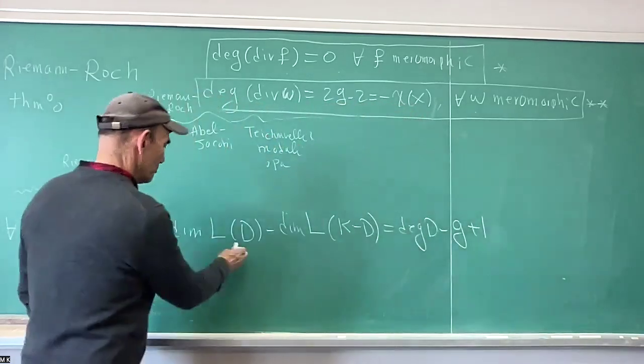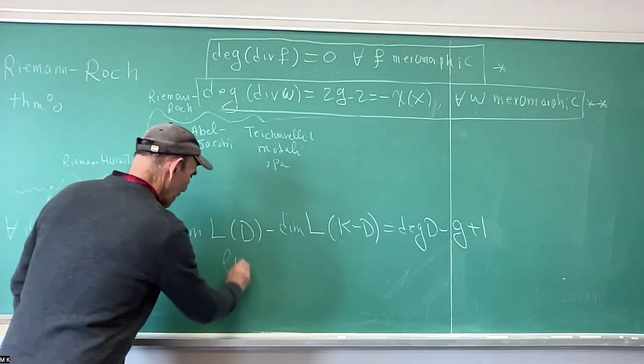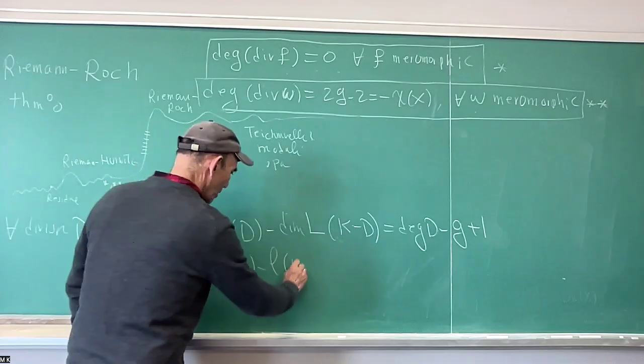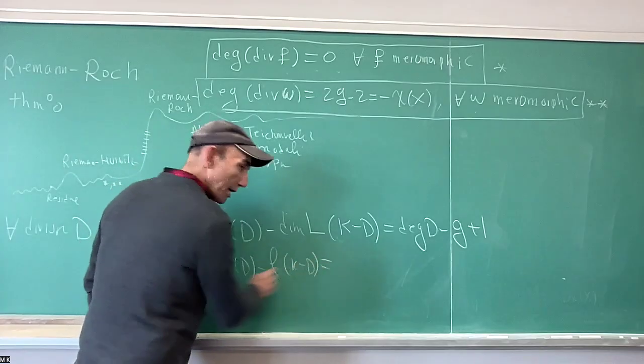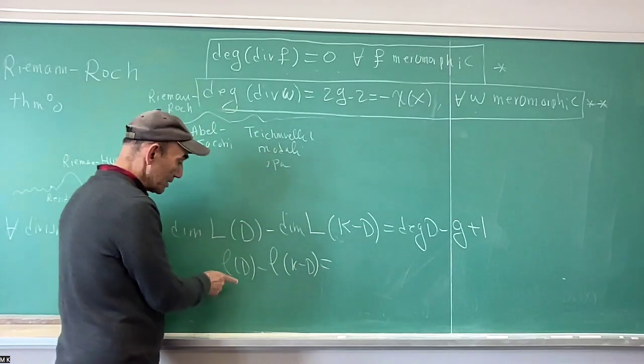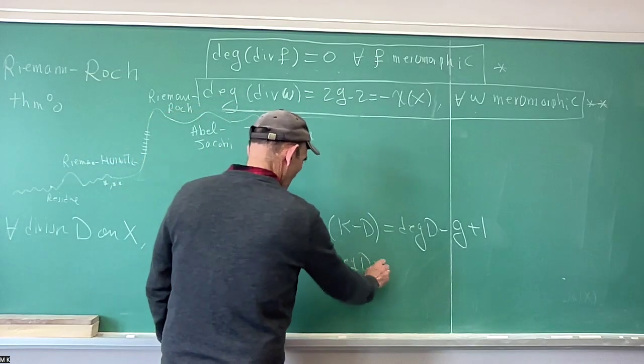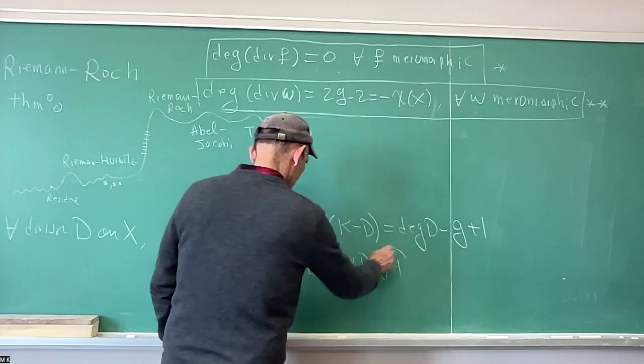In other words, people write it like this, and that's the way I always remember: little l of D minus little l of K minus D, little l now, not capital L, is equal to the degree of D minus g plus 1.